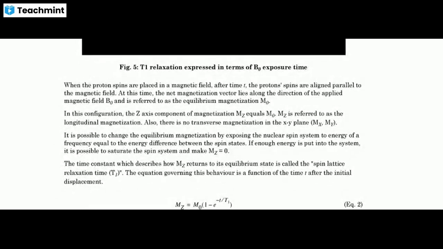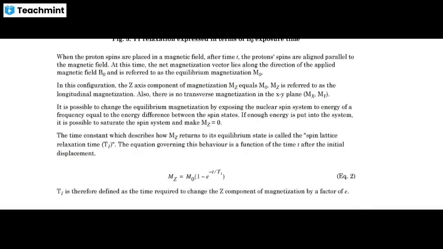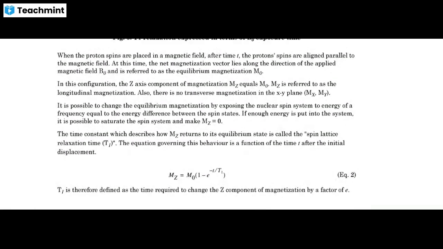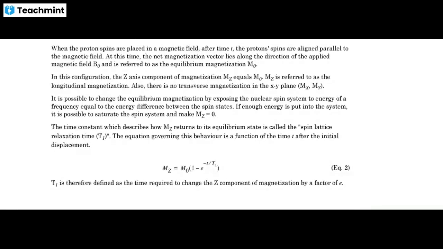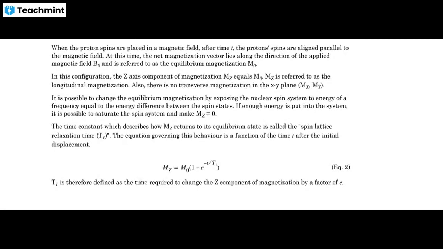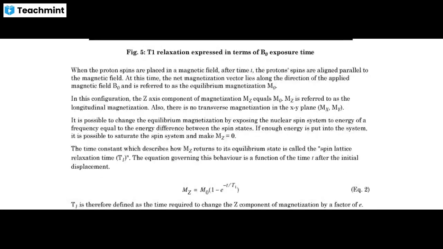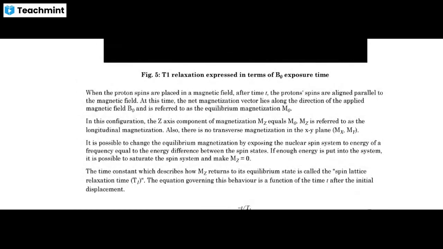The time constant describes how much Mz returns to its equilibrium, called the spin-lattice relaxation time. The equation governing this behavior is a function of time and initial displacement: Mz equals M0 multiplied by 1 minus e to the power of minus t by T1. T1 is therefore defined as the time required to change the z component of the magnetization by a factor of e. This is the T1 relaxation expressed in terms of B0.